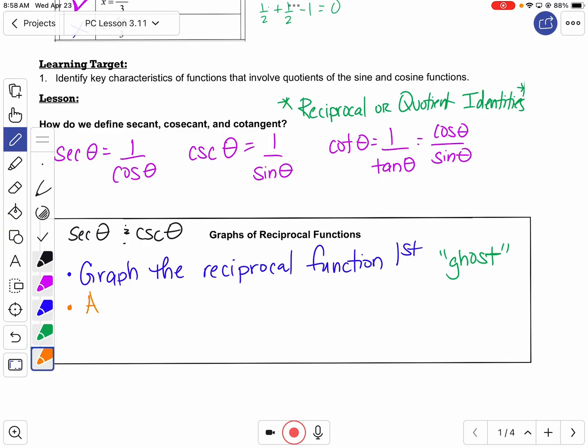So our asymptotes equal the zeros or the x-intercepts of the ghost, or of that reciprocal. So wherever my ghost function crosses the x-axis, I'm going to drop an asymptote, because the function I really intend to do would be undefined there.